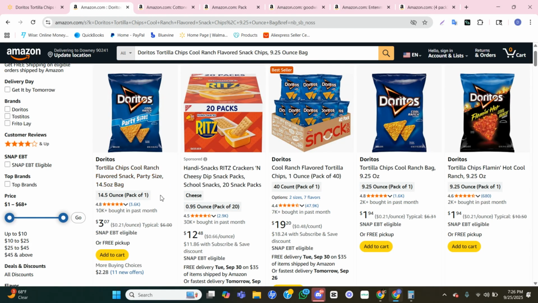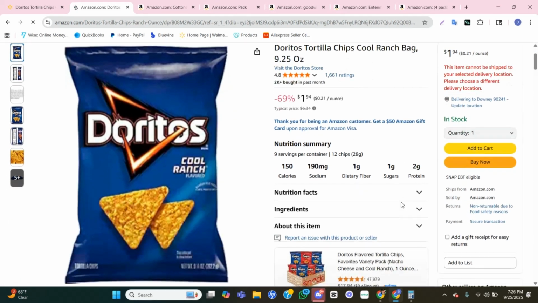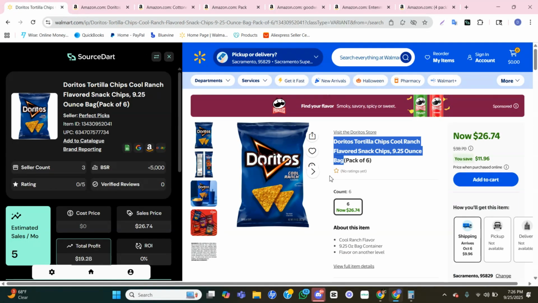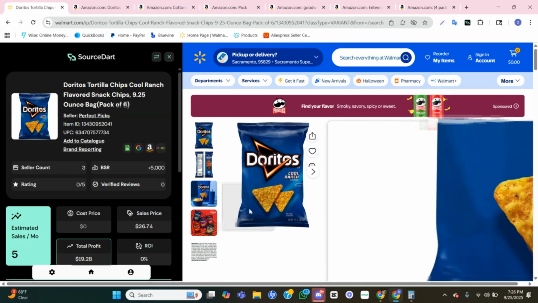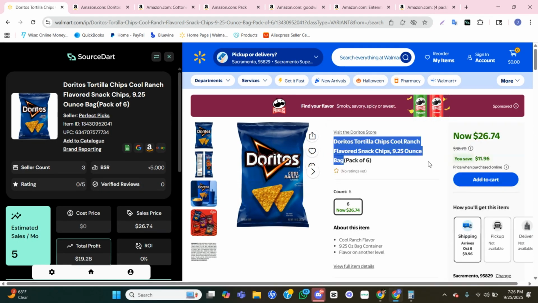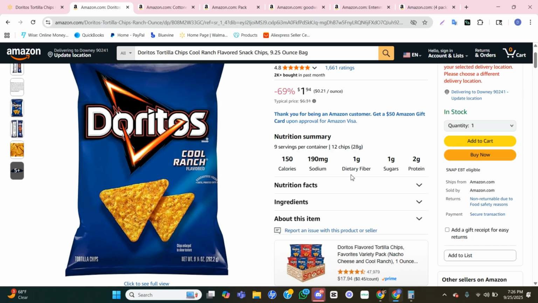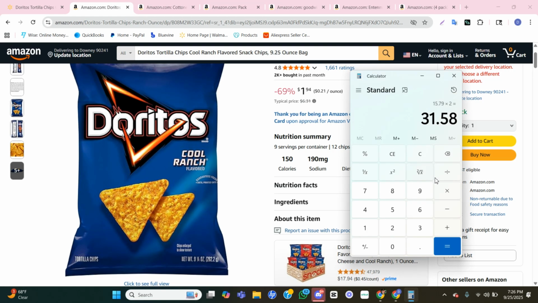This is 9.25 ounce, the same, and they make it as a pack of six. If we buy this for six, it's $1.94 each.